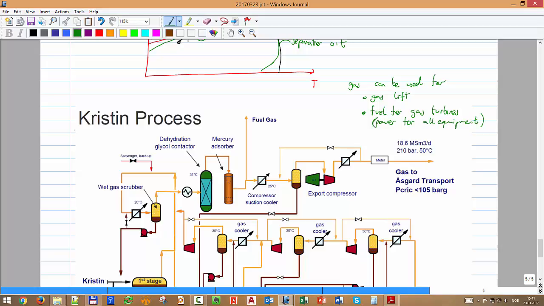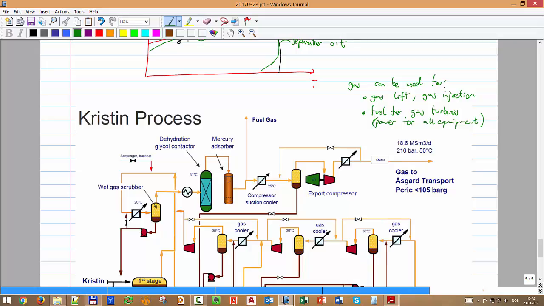And there's something else: gas for injection. Okay, gas for gas lift, also for gas injection, for pressure support in the reservoir. We can use it for fuel.